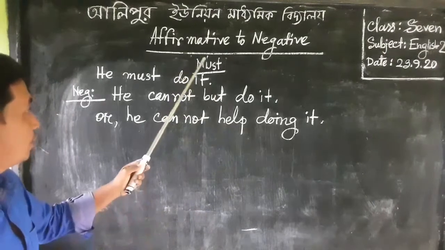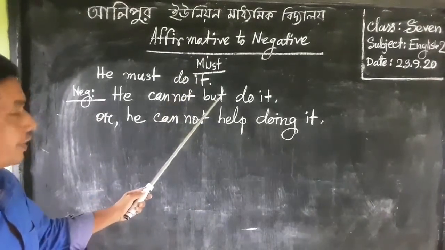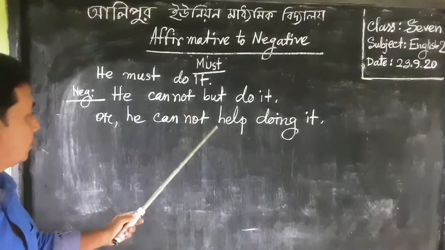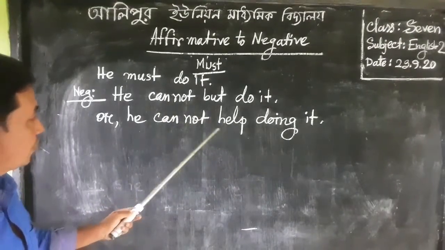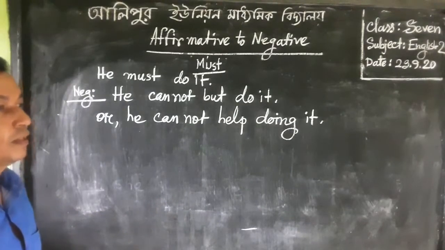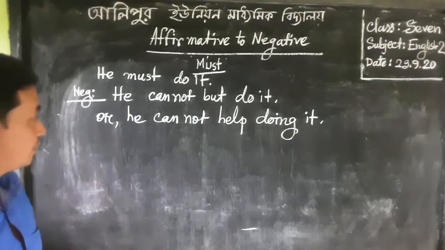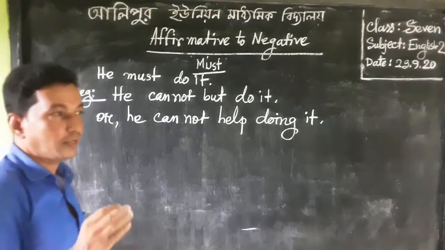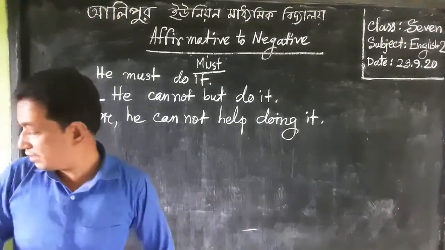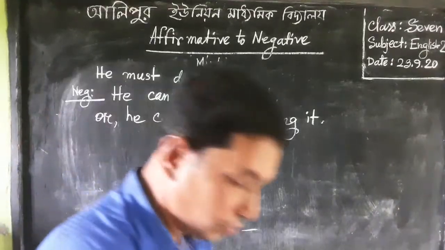First of all, must can be changed into cannot but, and in second way, must can be changed into cannot help. And when we put cannot help, we should add ing at the end of the verb. Okay, dear learners, our next rule.